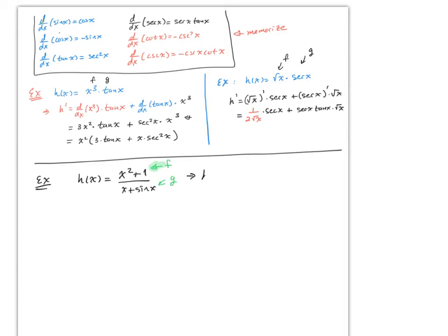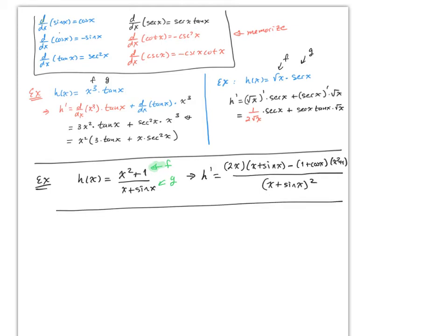So therefore from here, h prime is going to be the derivative of the first one, which will be 2x, times the second one, which will be x plus sine x, minus the derivative of the second one, which is 1 plus cosine x, times the first one, which is x squared plus 1, everything divided by x plus sine x squared. And then simplify the top if possible. If not, you can just leave it like that.